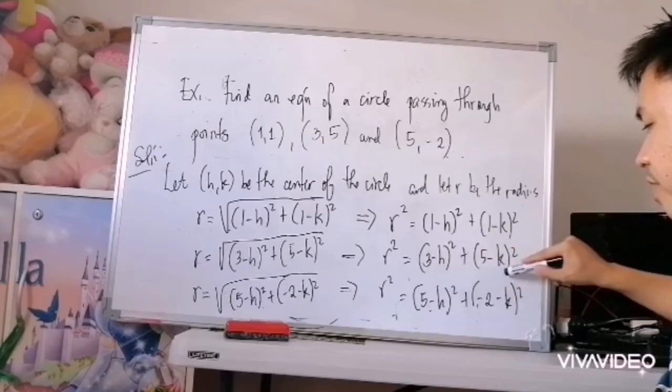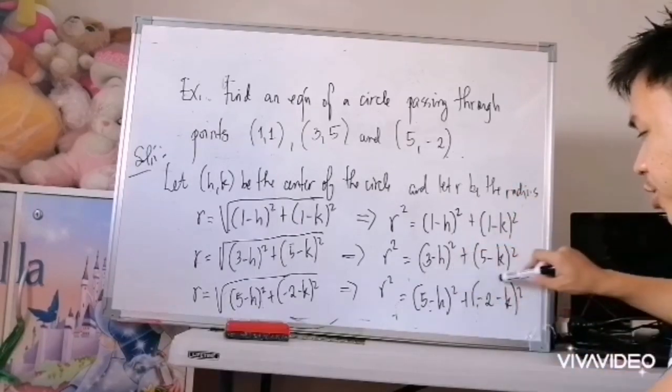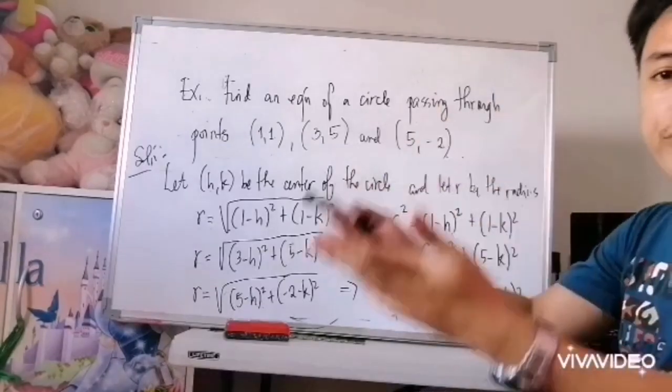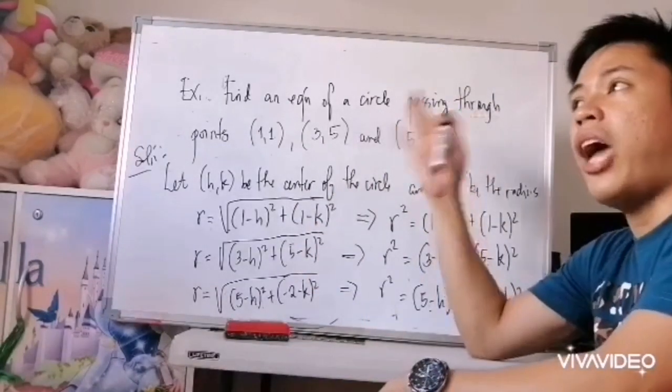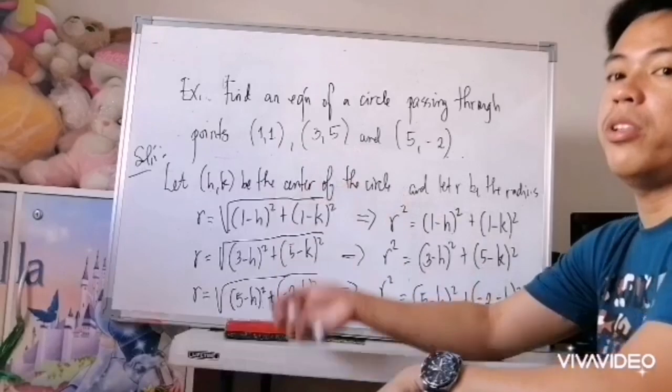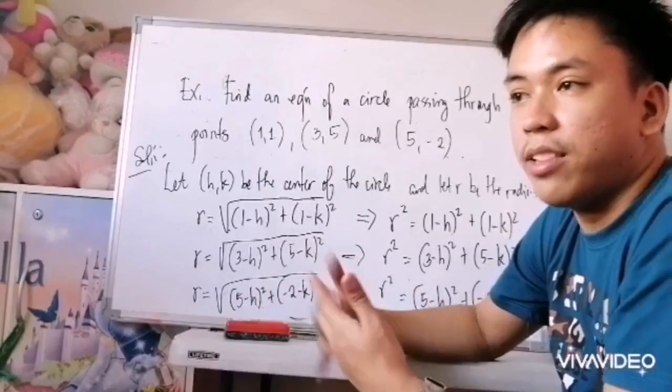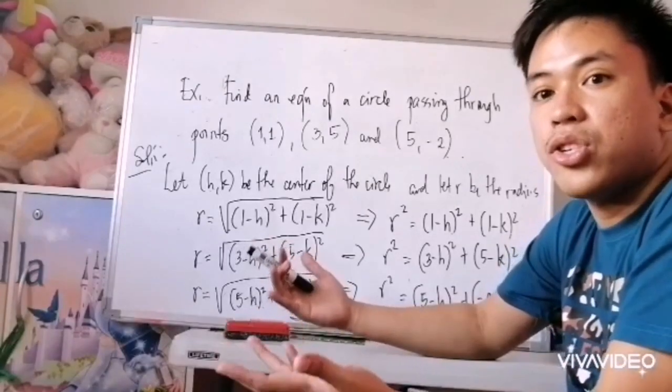This expression is equal to this expression, and either of the two can be equal to this expression, and solve for h and k. You have to solve simultaneously, just doing basic algebraic manipulation. And that's it, you get the (h, k).